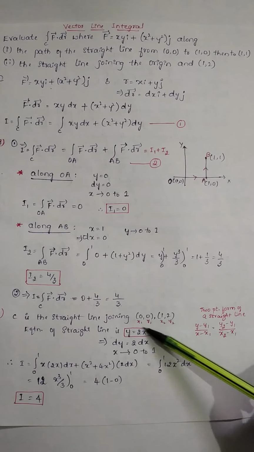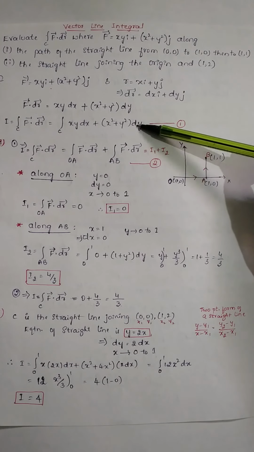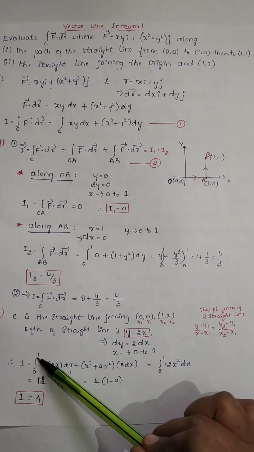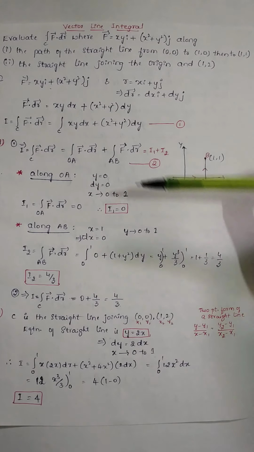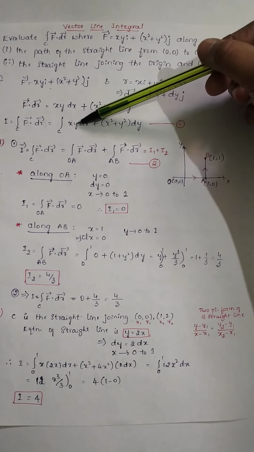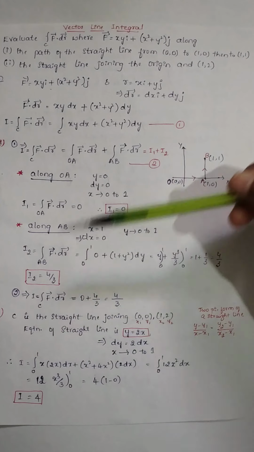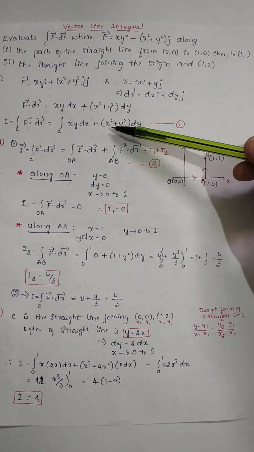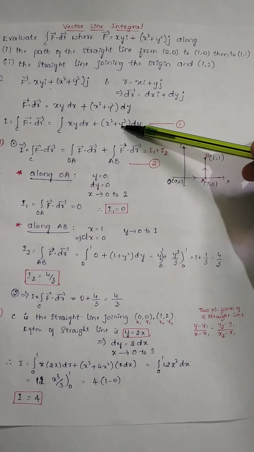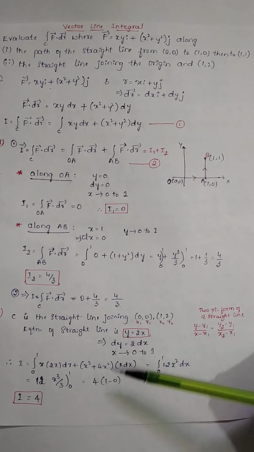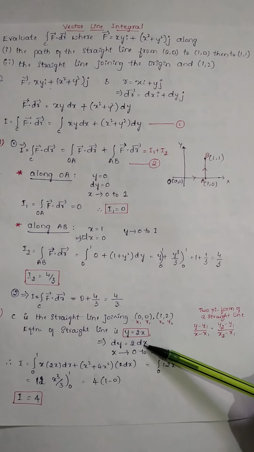Now using all these in equation number 1, I is equal to the integration from 0 to 1 of x as it is, y written as 2x, dx as it is, and x square plus y square in the second term. y is 2x, so y square is 4x square, and dy is 2 dx.